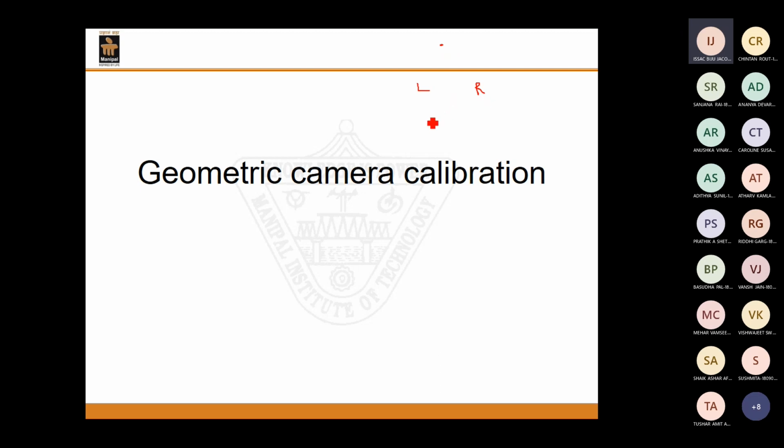For that kind of reconstruction, we assumed that the camera parameters are known to us.